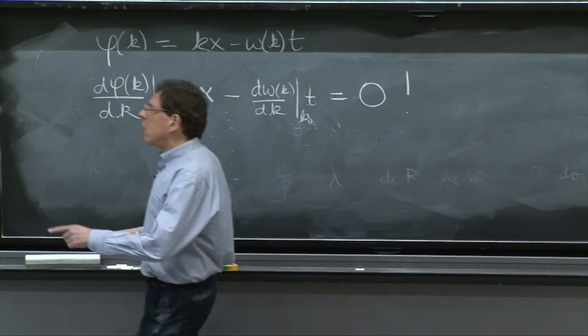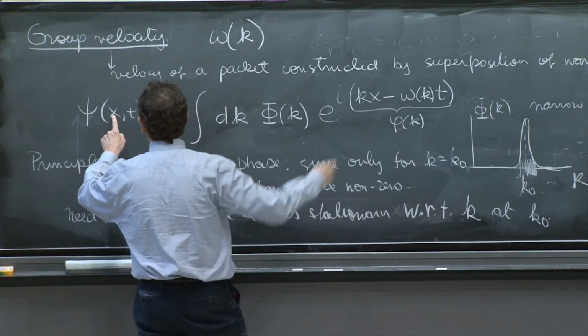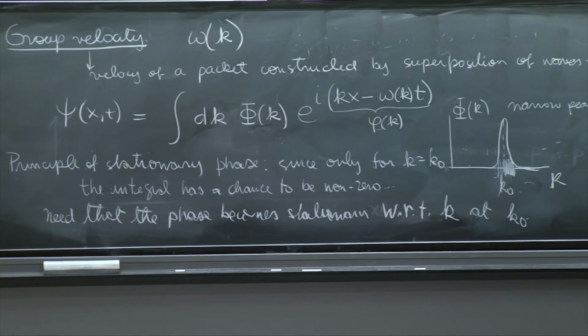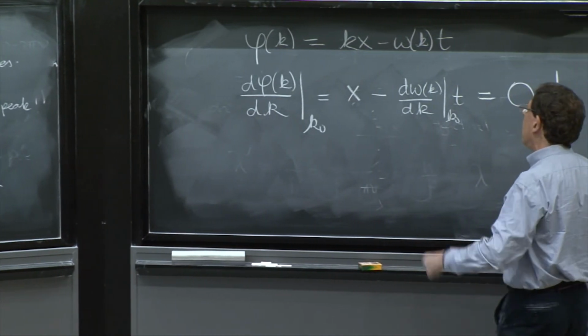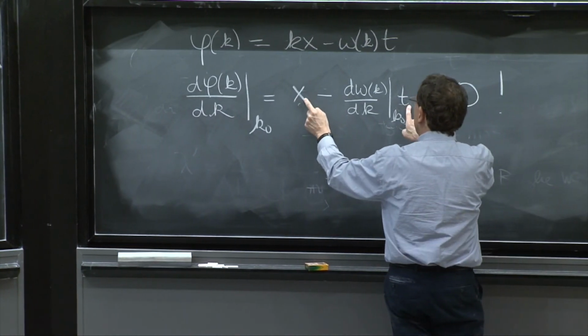It says there that you only get a contribution if this is the case. So the value of x, where you get a big bump in the integral, and the time t are related by this relation. The hump in this packet will obey this relation.